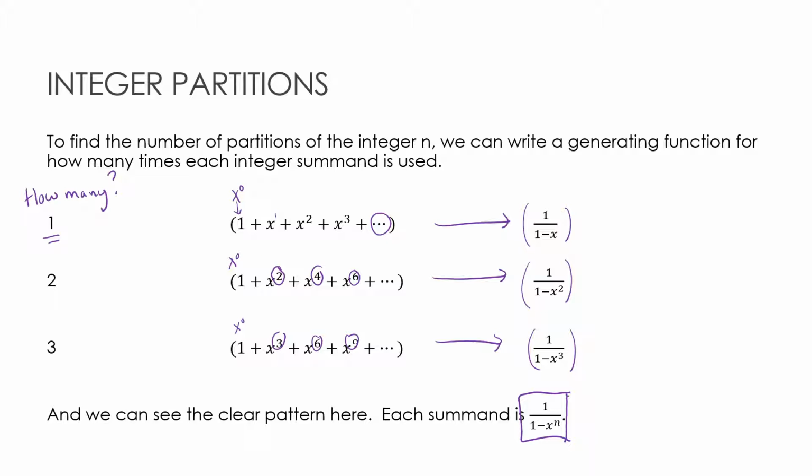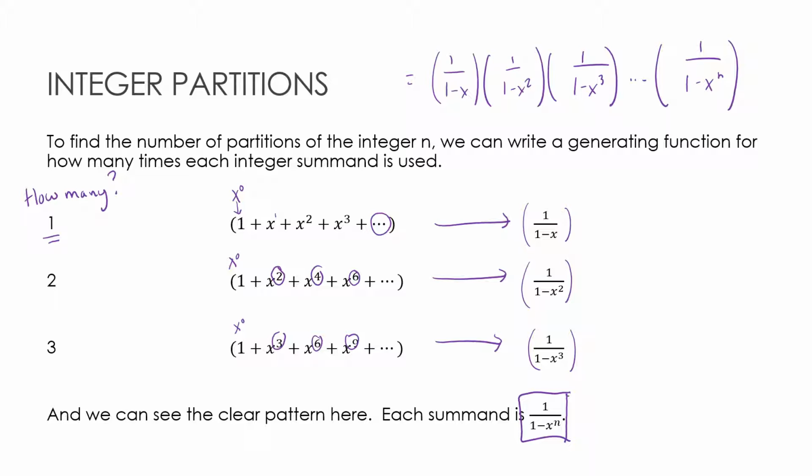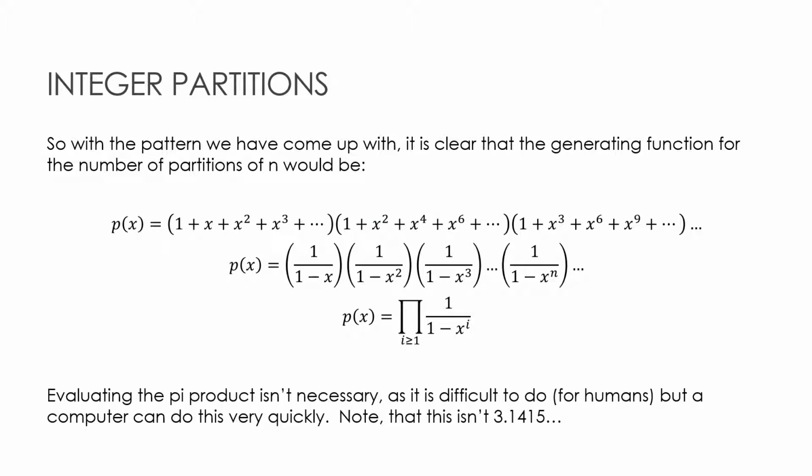So whatever I'm doing, it's really just going to be 1 over 1 minus x times 1 over 1 minus x squared times 1 over 1 minus x to the third, etc., all the way to 1 over 1 minus x to the n. And that's how I'm going to find the number of partitions of n. So again, the number of partitions of n would be exactly what we just went through, which is writing all of this, and this is where I would end up.